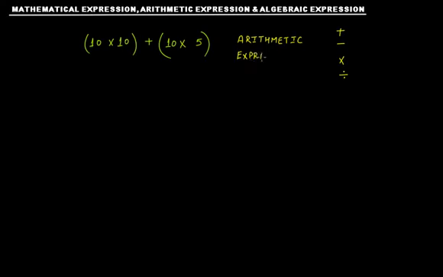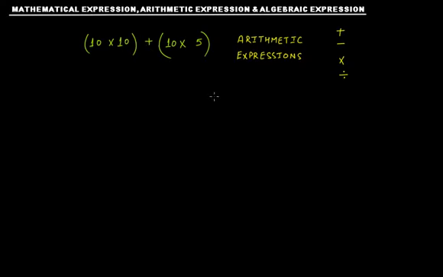So this is an arithmetic expression. Arithmetic expressions are mathematical expressions that are only made up of numbers and arithmetic operation symbols. In this case we have used multiplication and then addition.